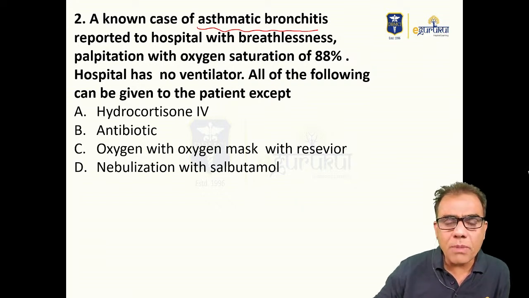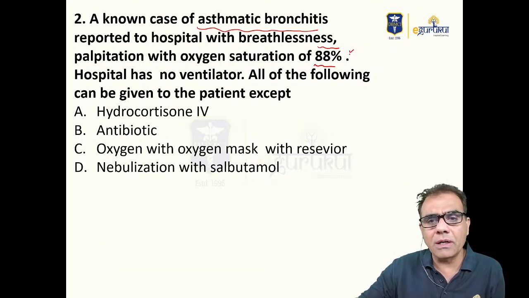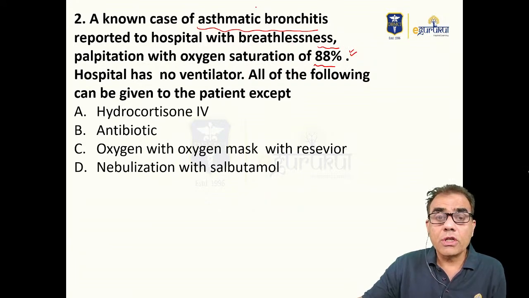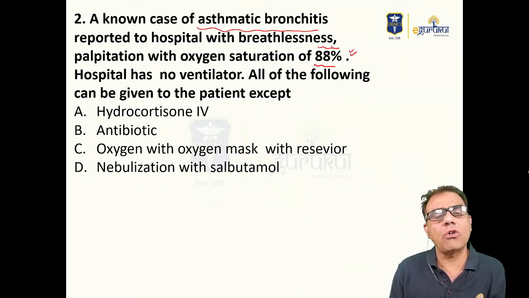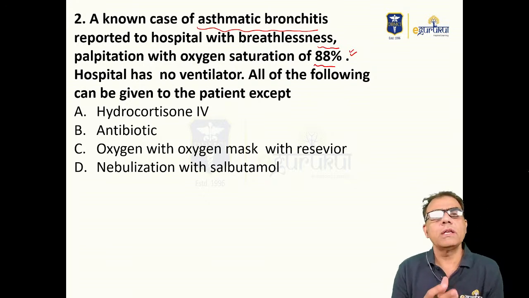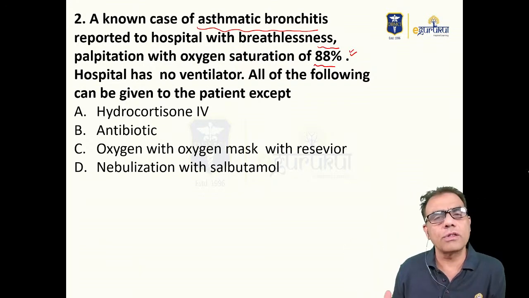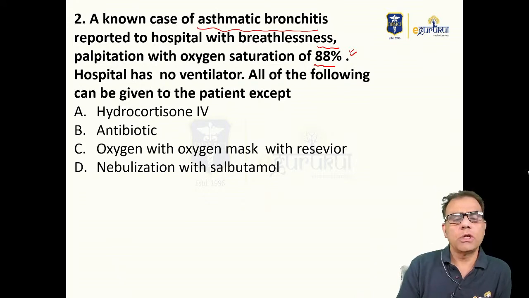So don't be much bothered about oxygen saturation of 88%. Yes, for a normal patient, 88% should raise an alarm. However, for COPD or asthma patients, you see that their baseline oxygen saturation is always less. So the most important thing is that you should not give high oxygen, and that is what they wanted to ask you in this question.